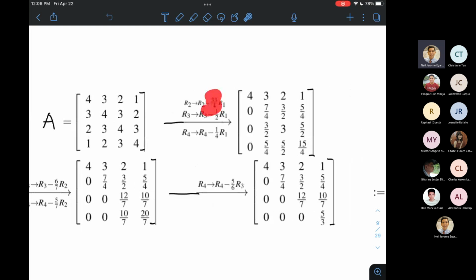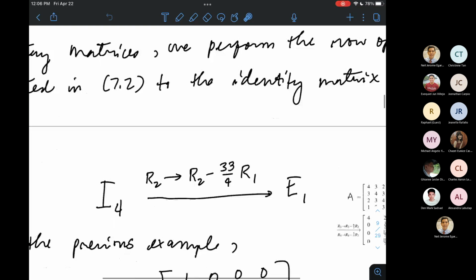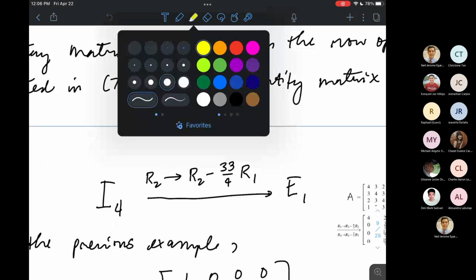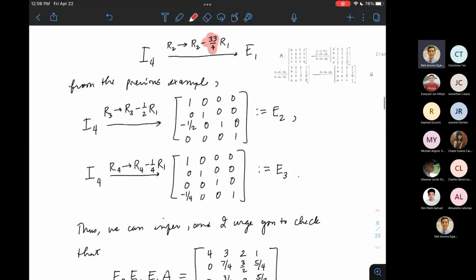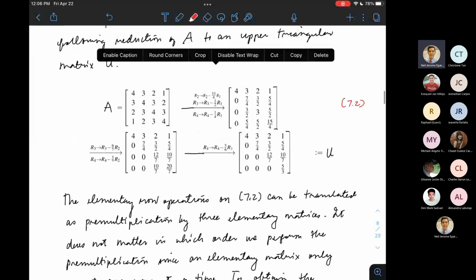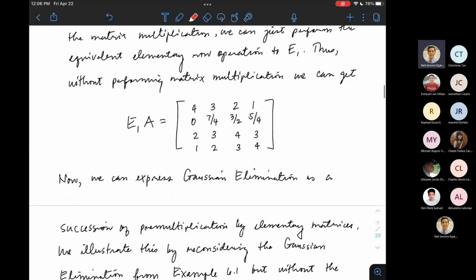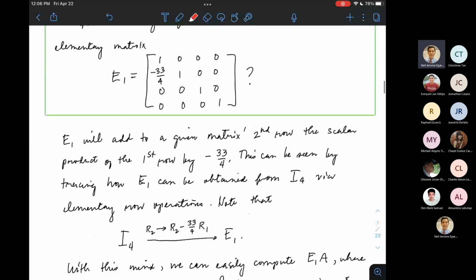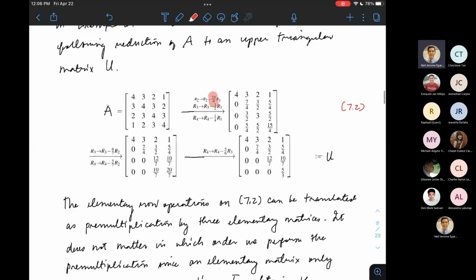So yeah, this should have been -3. Thank you, Christine. I'll edit module 6 and module 7 later. So this should be -3/4. So this E1 should become -3/4. In the elementary row operation, it should be -3/4. So this has to be changed. Then where is E1? E1 is this one. That should also be changed. Then, let's see.